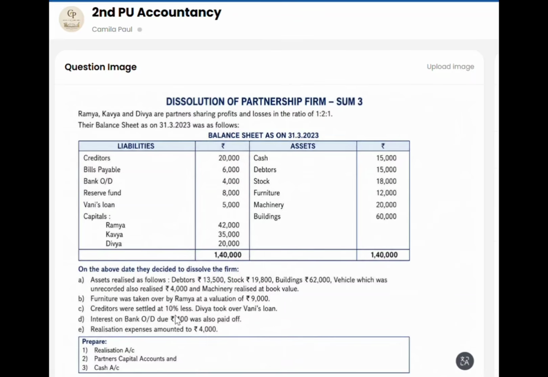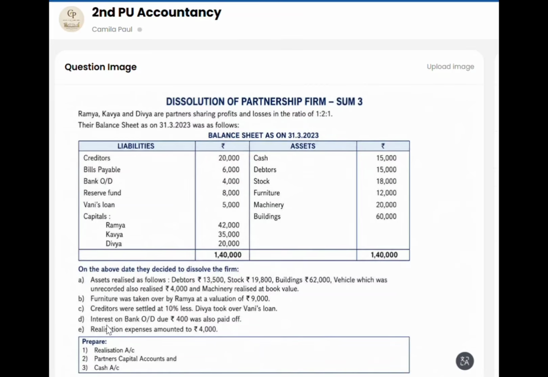The creditors paid off will be entered under the cash account, so in the realization account it will appear on the debit side as to cash account. And Vani's loan, which is taken over by Divya, will be transferred to Divya's capital account.